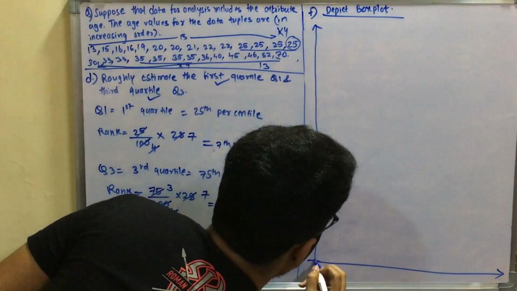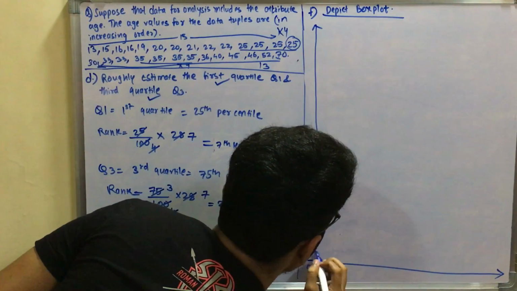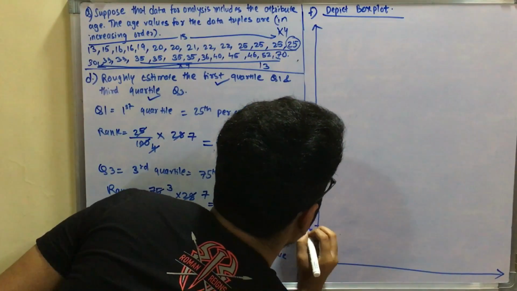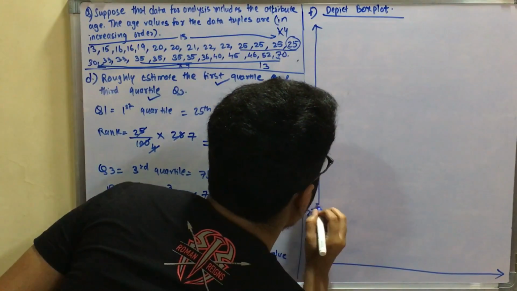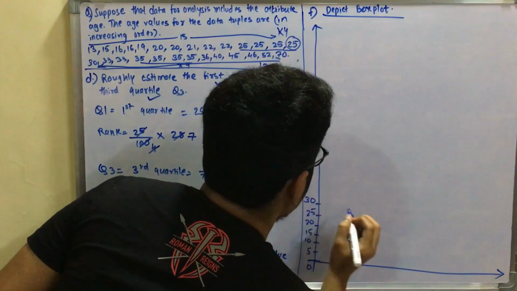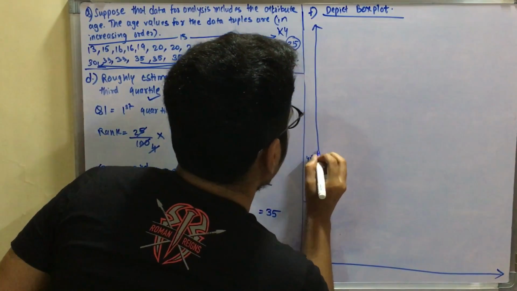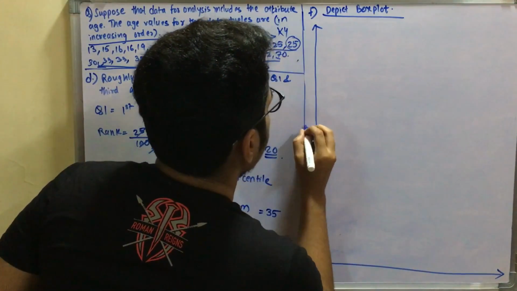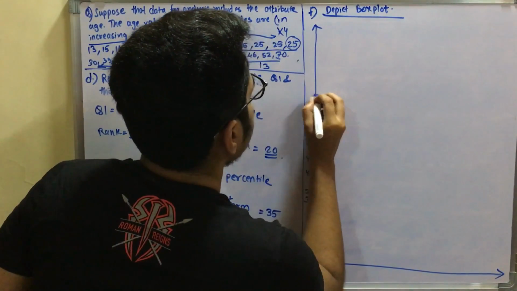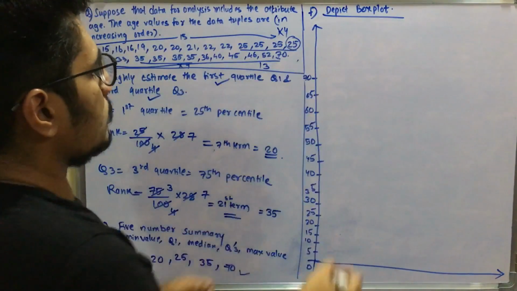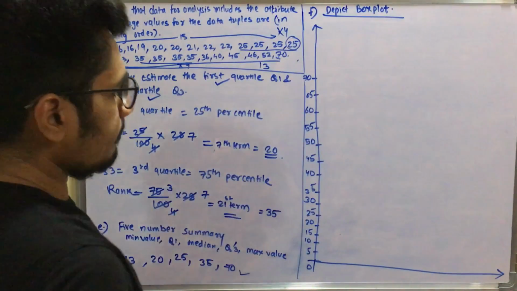And so we take the values from 0, then we have 5, 10, 15, 20, 25, 30, 35, 40, 45, 50, 55, 60, 65, then we have 70. So 70 is the largest value, so we stop it at 70.